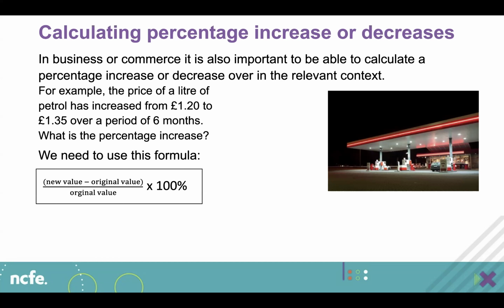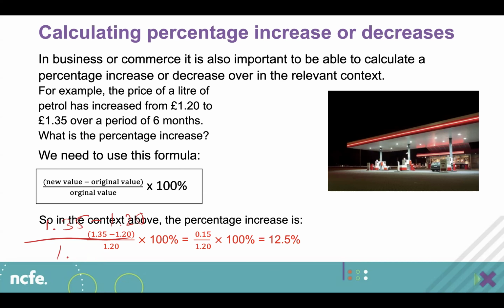We need to use this formula. So the new value is 1.35, take away the old value, which is 1.20, divided by 1.20, times 100.